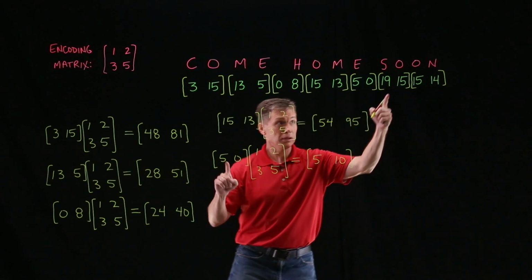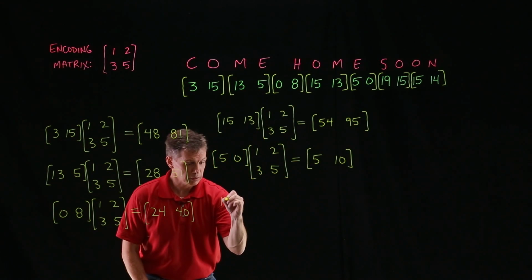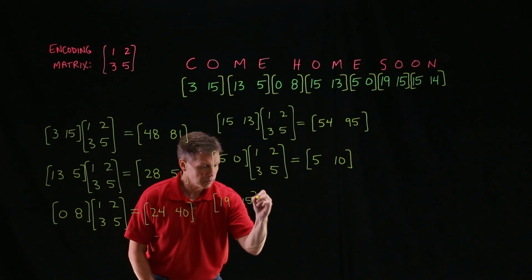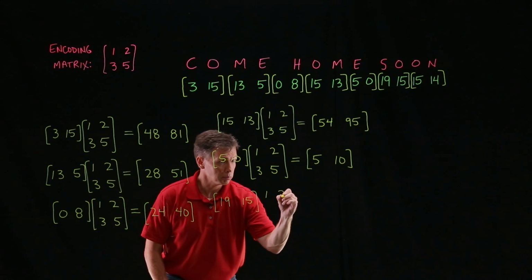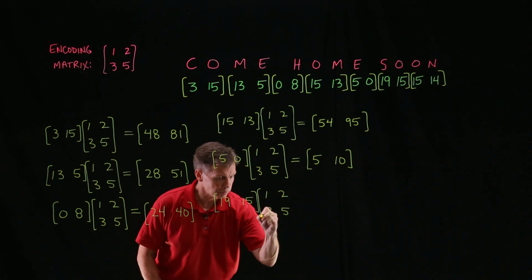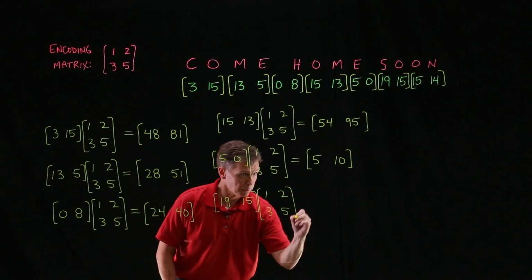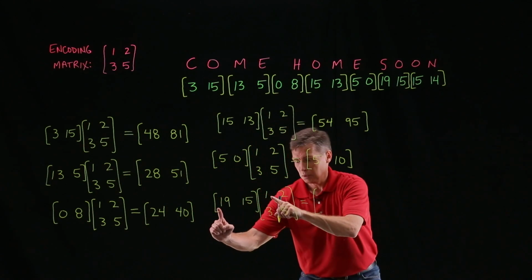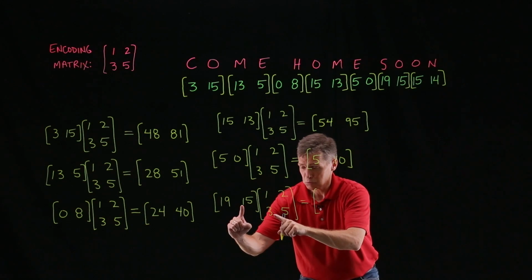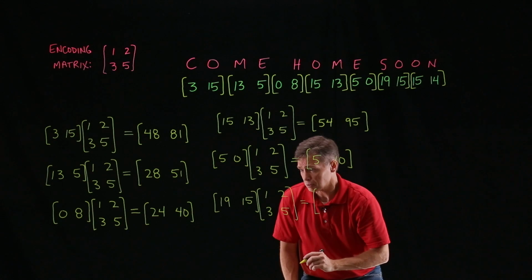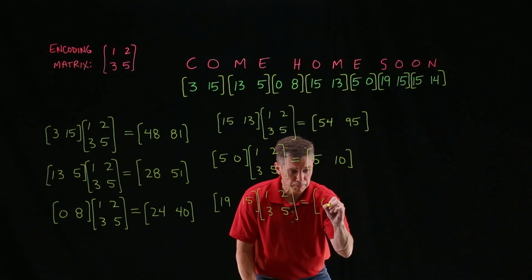Okay, now I am at the 19, 15 matrix. 19, 15. Multiply again by that 1, 2, 3, 5 equals, okay, so 19 plus 45, 64.